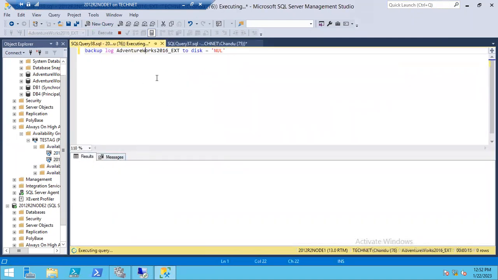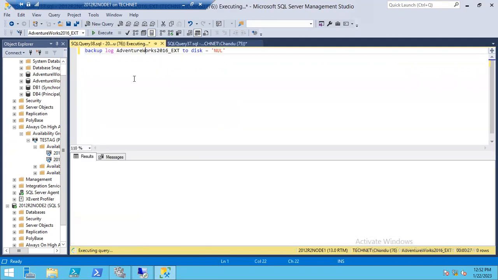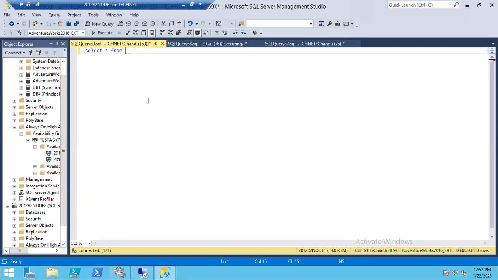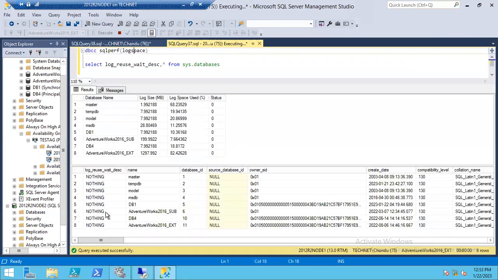As soon as it is completed, we should see it is from log backup to mostly nothing. Okay, let's see why it is waiting for this much time. Okay, I think it is done. This is completed. And if you execute again, see here, the database status is showing us nothing.